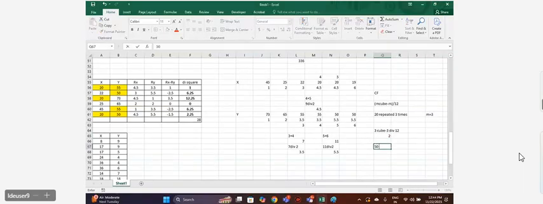Then next, what is the correction factor for 50? 50 is repeated twice, so M equals 2. It will be 2 cube, which is 8, minus M. M is 2, divided by 12.